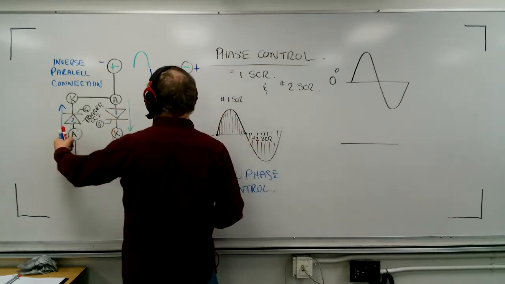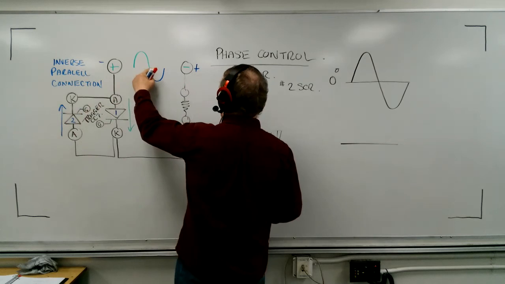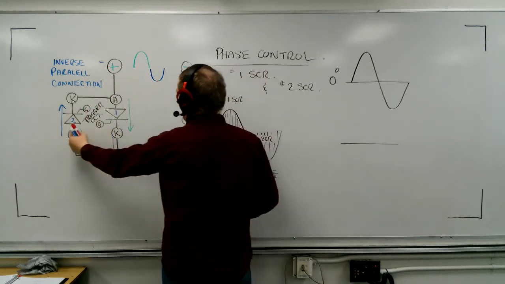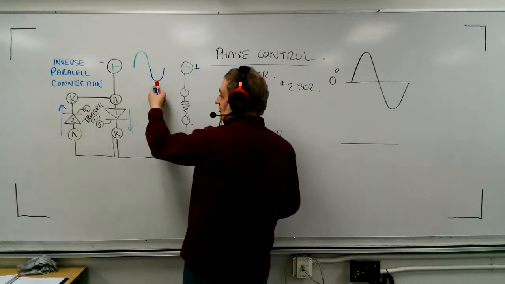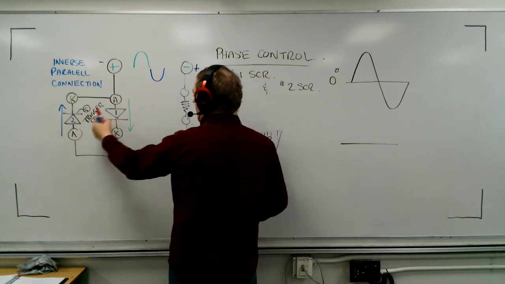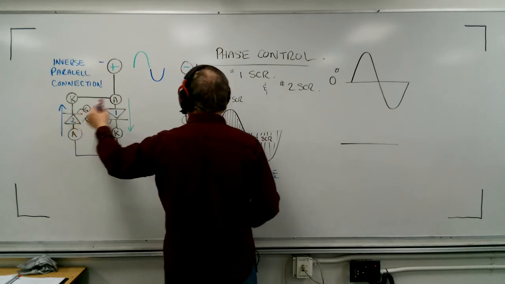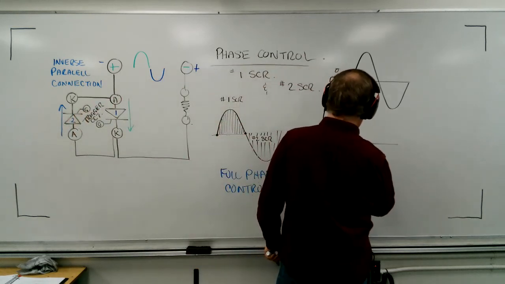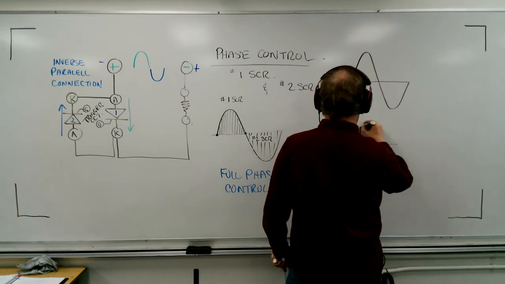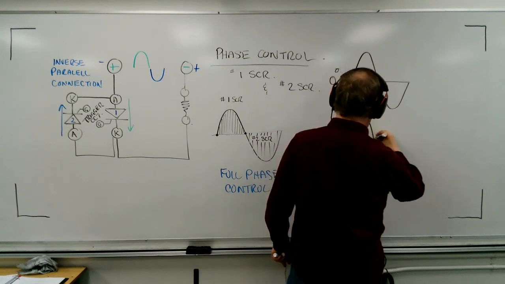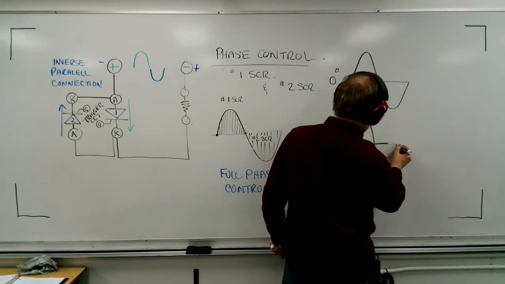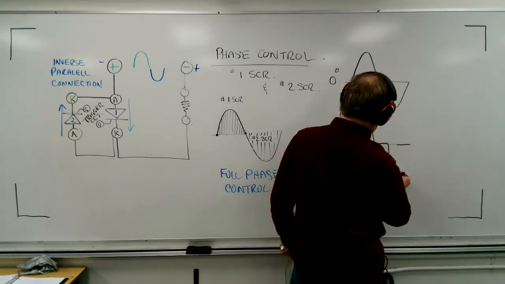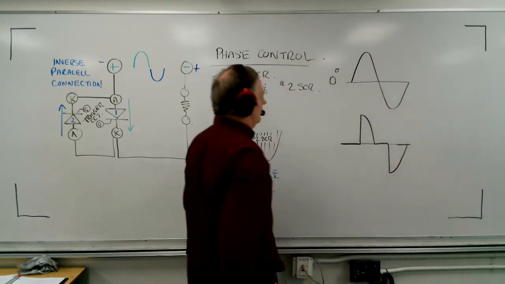Then this one would start its angle here, delay for 90 degrees of that SCR's run, which in the cycle is actually 270, but it's 90 degrees for this SCR, and trigger there. Well, it would look like this. The load would go like this: block, turn on at 90 degrees, conduct, block, turn on the other way at 90 degrees into that one, and there would be our voltage.